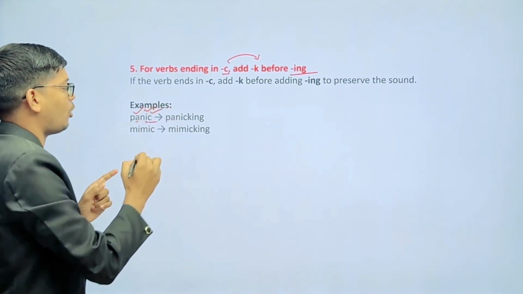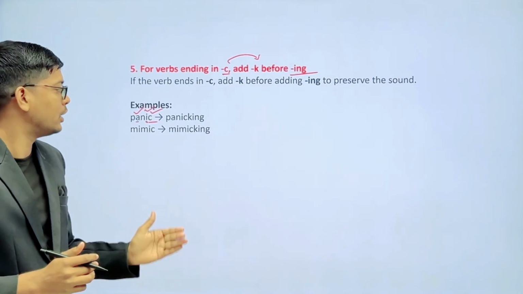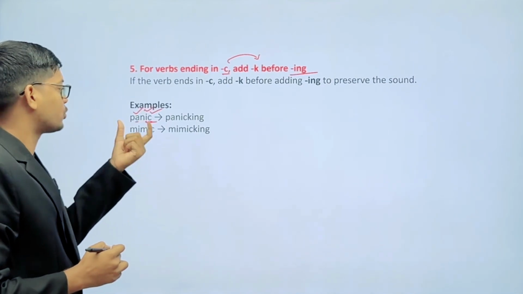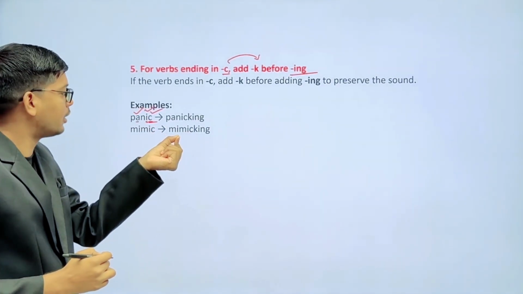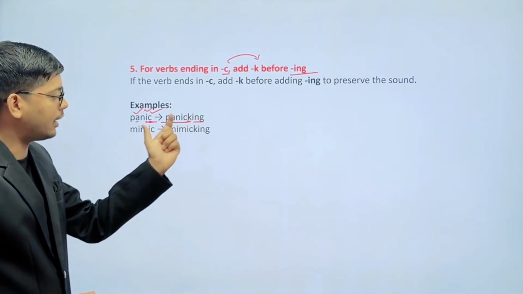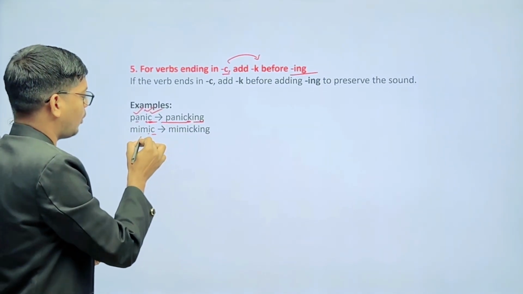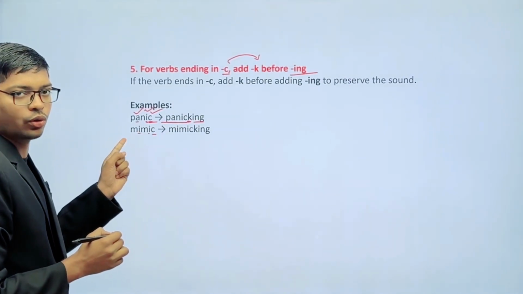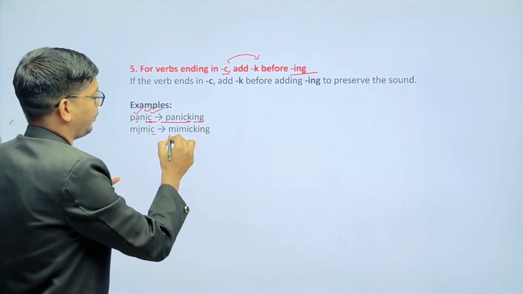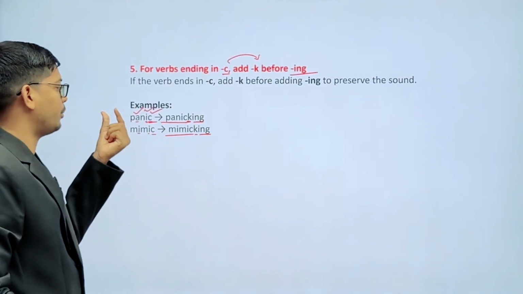So think about this fifth rule: c at the end of the word, just add k, picnic, and add ing. Mimic also has two vowels, so the third rule is not working. Add k and just ing. Mimic to mimicking, picnic to picnicking.